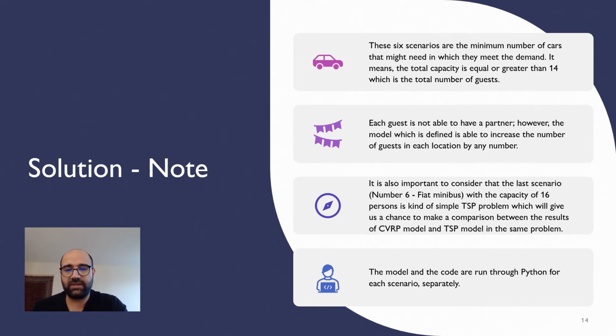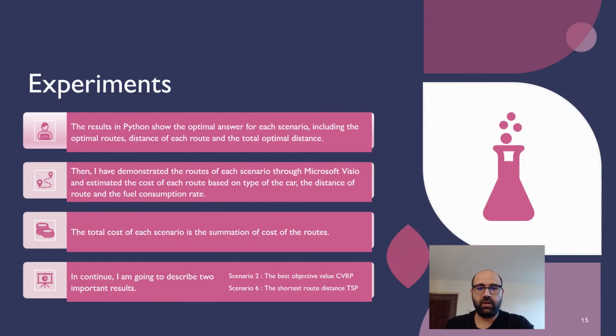At the end of the presentation, I'm going to make a comparison between the TSP model and the CVRP model. I just need to mention that the model and the code have been run separately for each of the scenarios. The results in the Python code show the optimal answer for each scenario.